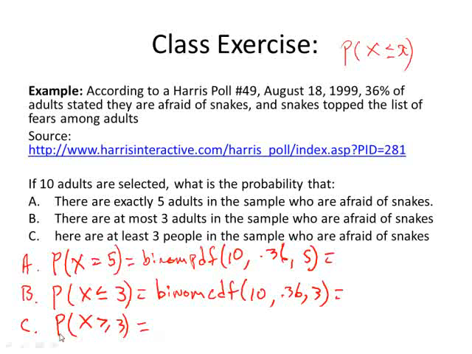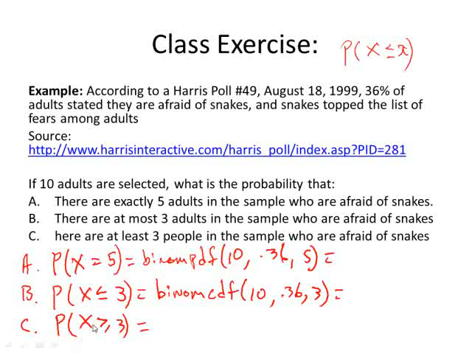This is where we're going to use, if the probability that X is greater than or equal to 3, then I'm going to have to flip that inequality sign. Do you agree? But in order for me to flip that inequality sign, I'm going to have to use one of the rules we talked about back in chapter 4. I'm looking for a particular word here, and I'll give you a hint: it begins with a C. The complement.